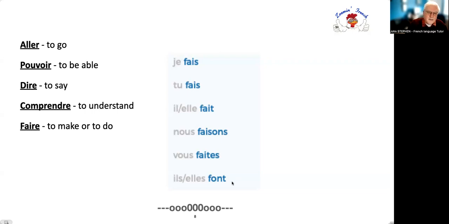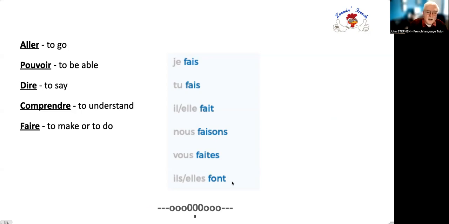Then this fait sound changes to an sound in this first person plural. So the wrong thing to say would be nous faisons. No, no, no. Because faisons, it's wrong, okay? So it's nous faisons. Nous faisons.